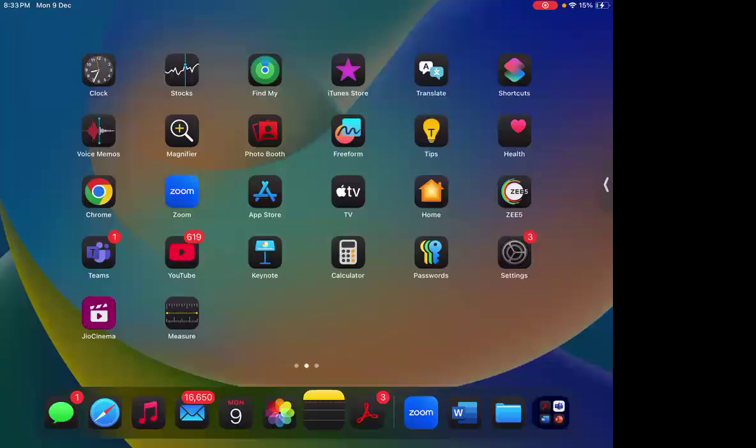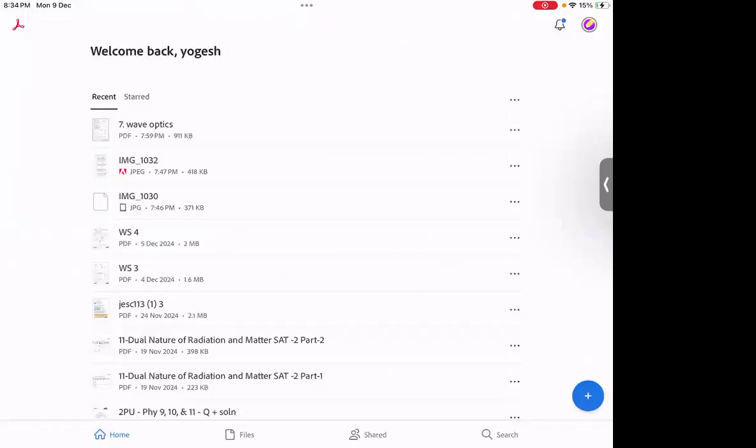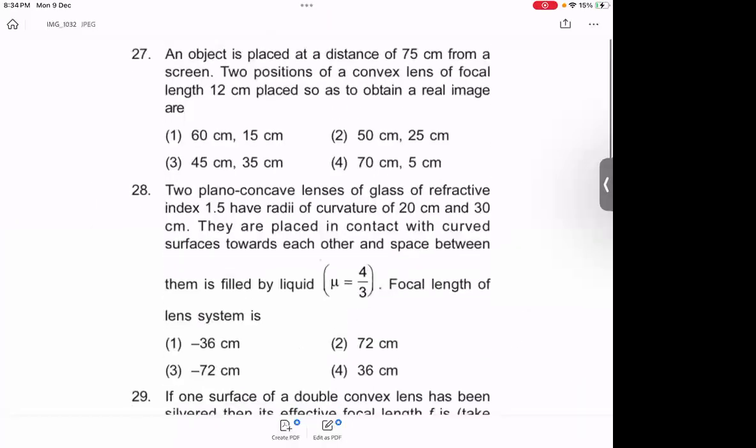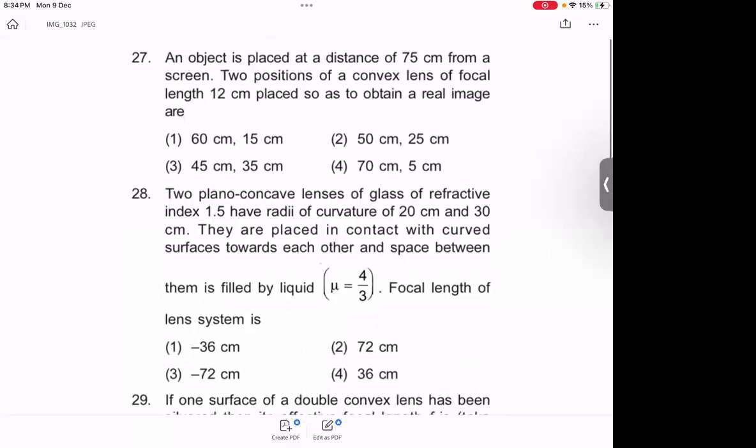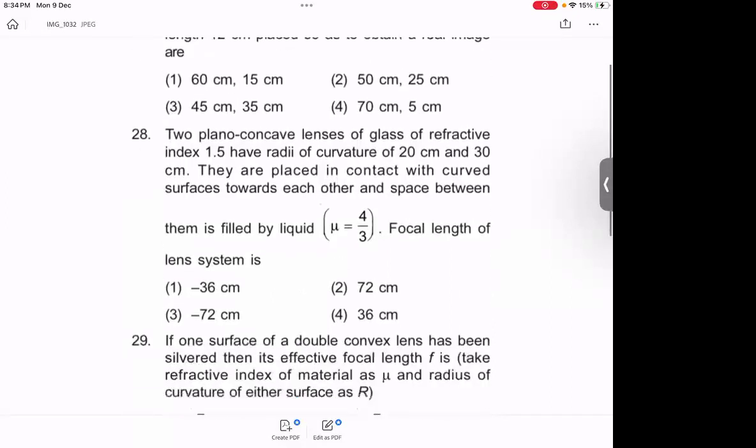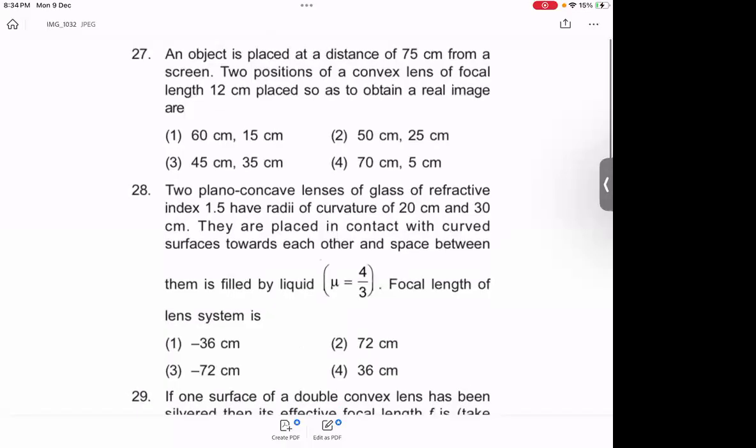Let me check, once we can solve it here. Yes, students, you can see the question here. I will take out the notes and I will write it there.